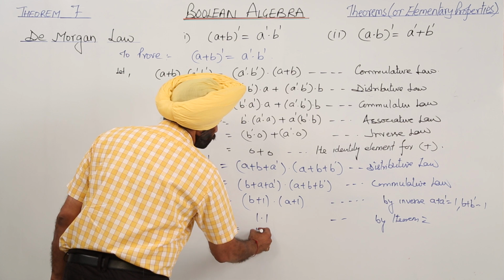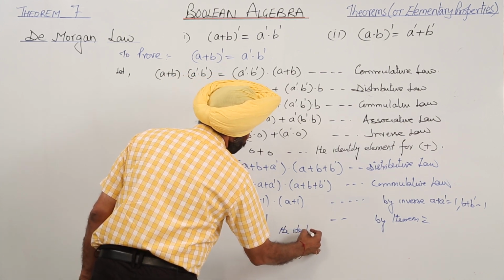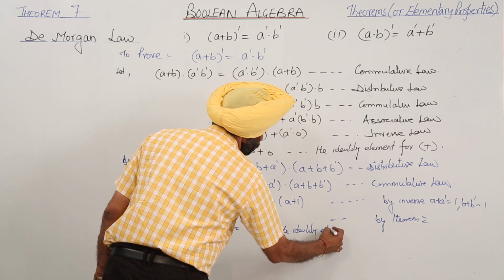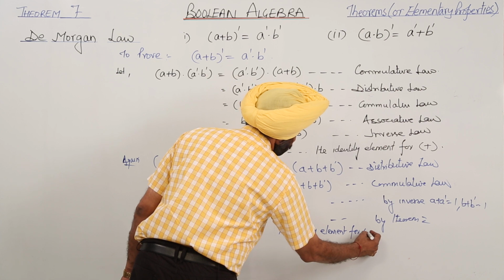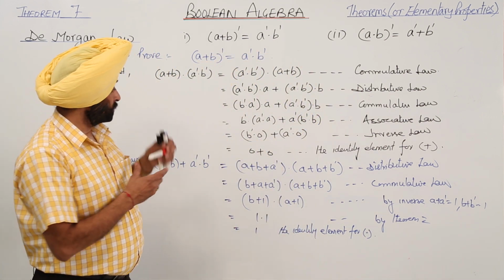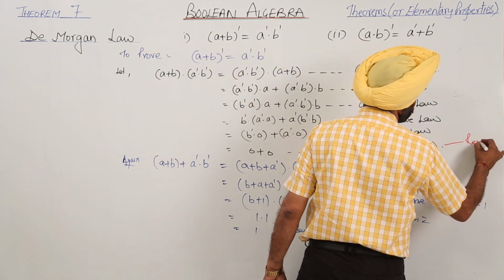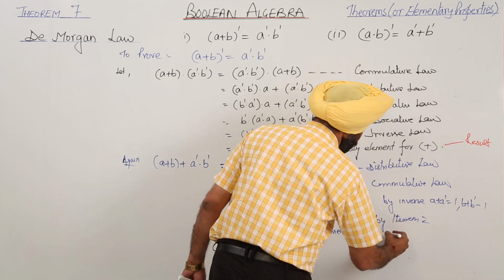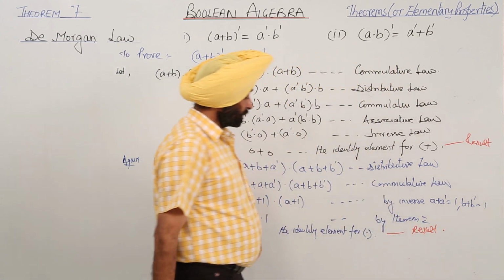Now what does this show? This shows the identity element for dot. Now we are having two things. So what we are having? We are having this result 1 and then we are having this result. These are the two results we got.